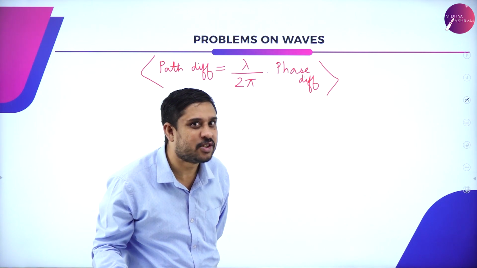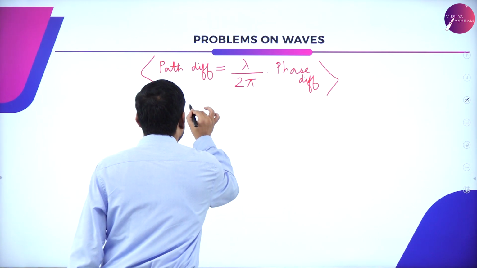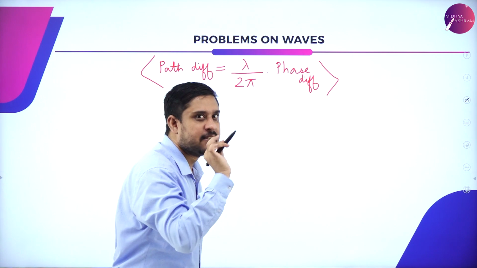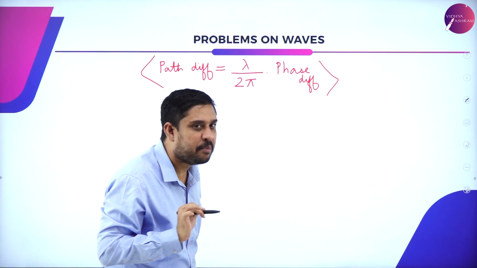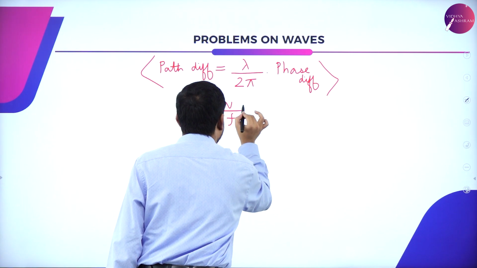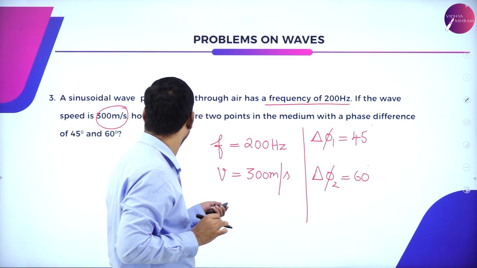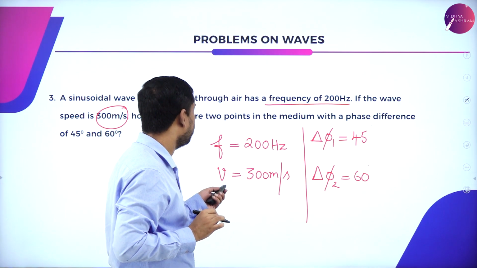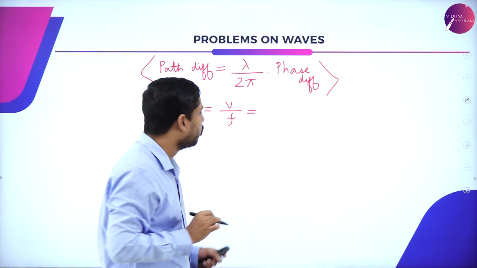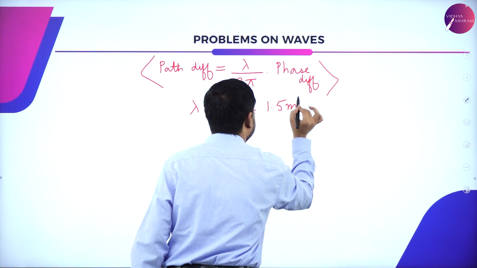Again I have to calculate lambda, where V equals F lambda, so V by F, that is 300 by 200. So it turns out to be 5 meters.